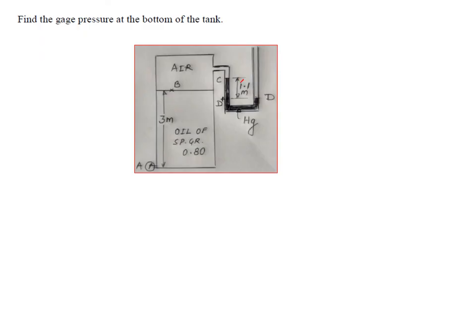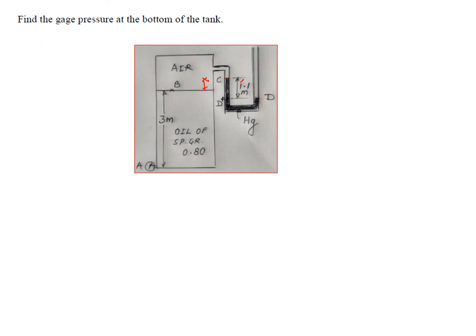Once you know the pressure at C, this is again one continuous fluid, that is air. So the pressure here will be whatever the pressure at C is. As we move downwards the pressure will increase. Now you know the pressure here, because it is the same as the pressure at C, since it is one continuous fluid.